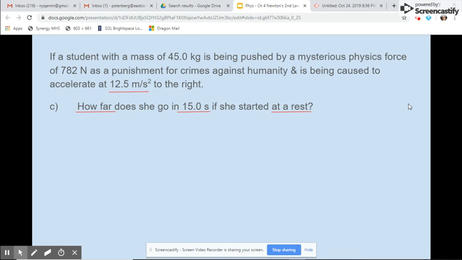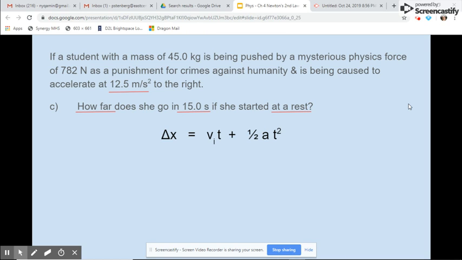So if I look through the equation sheet, the one-dimensional motion stuff, the first box we went through, we're looking for how far. So delta x, we know time, we know our initial velocity, we know acceleration. The equation that would involve those 4 things would be delta x equals v_i t plus 1/2 a t squared.